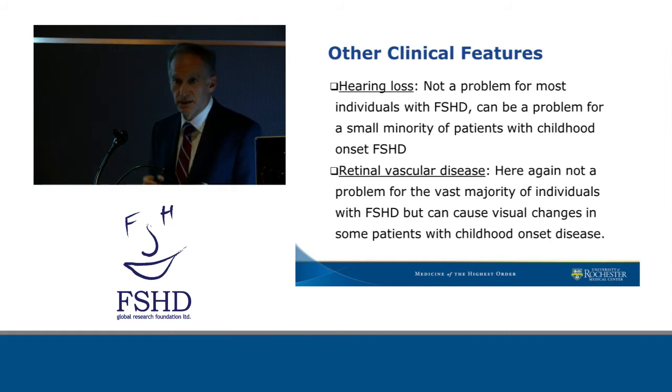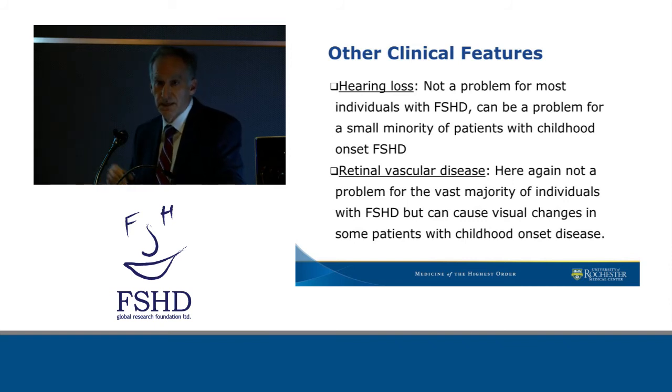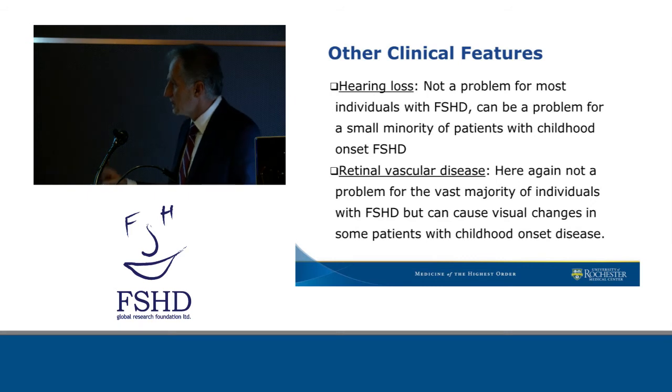And typically these are the early onset individuals with FSH, and this is very important for kids because you don't want to miss hearing loss in very young children who are developing language, as this may throw off their language development. And we found the same with retinal vascular disease.